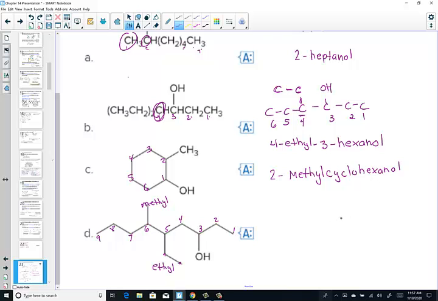At carbon 3 of a 9-carbon chain, we have an alcohol, so that's kind of its parent name, 3-nonanol. Now, ethyl is first in the alphabet. So we'd have 5-ethyl, 6-methyl, 3-nonanol. Good work.